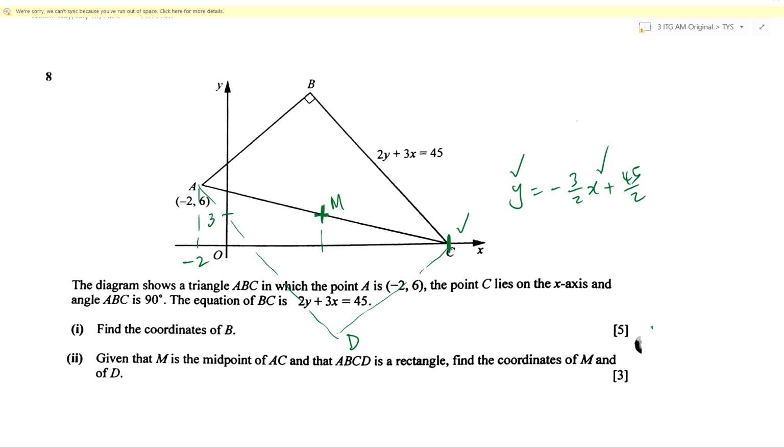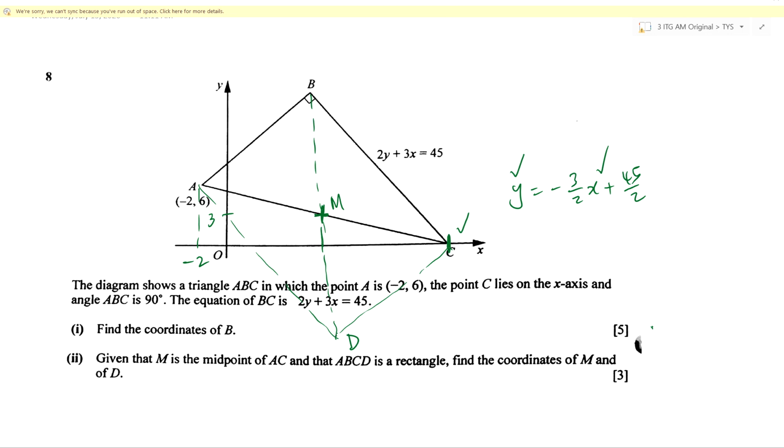To find the coordinates for D, you need to know that another property of a rectangle is that the diagonals bisect each other. So M is going to be the midpoint for BD as well. Then we are going to have to work backwards.